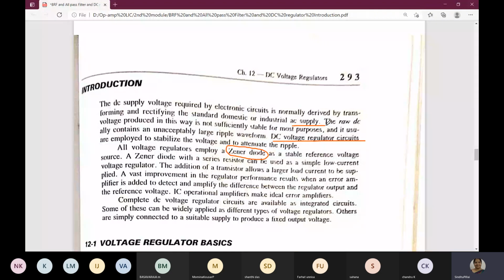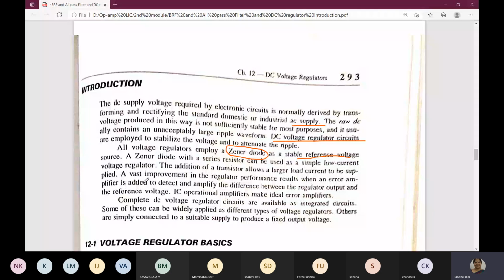To provide a stable DC, a DC voltage regulator is used, and all voltage regulators go with the Zener diode, which gives a stable reference voltage. A Zener diode with a series resistor can be used as a simple low current voltage regulator. The addition of a transistor allows a larger load current to be supplied. Only a diode and resistor will give a low current; if you add a transistor, we get a large load current.